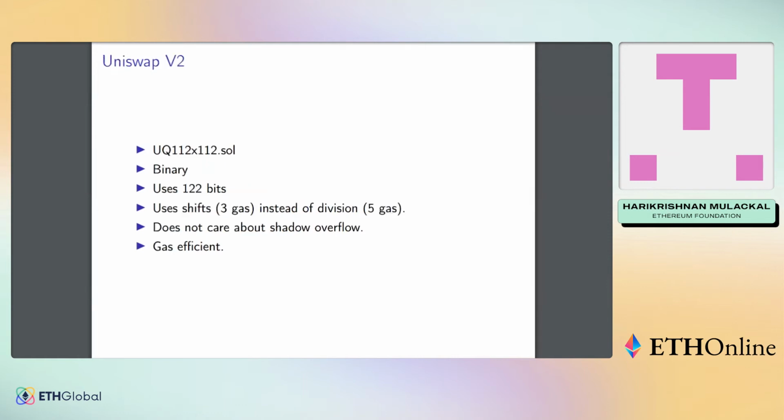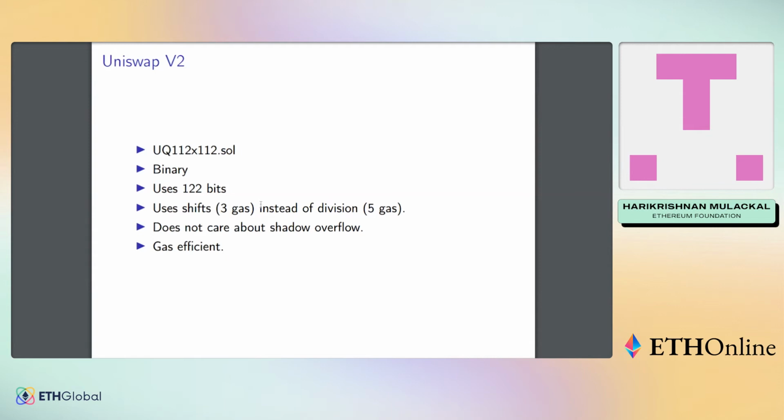The next example is Uniswap v2, which uses a binary fixed point type with 112 bits, not 122, that's a typo. It uses shifts instead of division, where shifts are cheaper in the EVM than division.